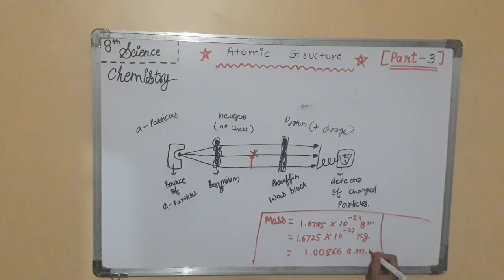Now the charge in coulombs was 0 because neutrons have no charge. This was the discovery of neutrons.